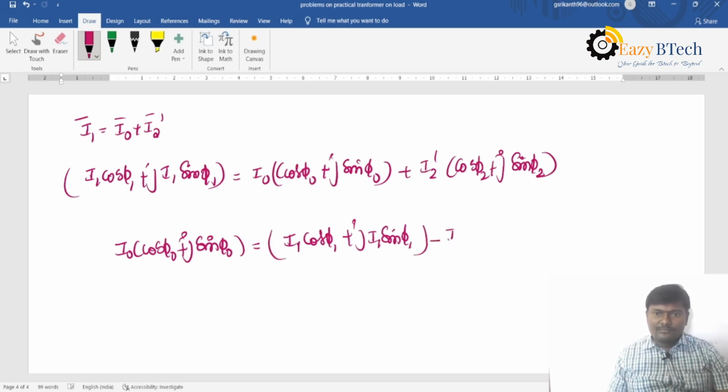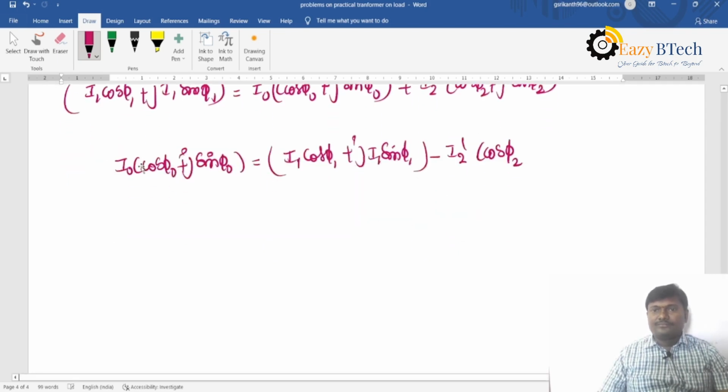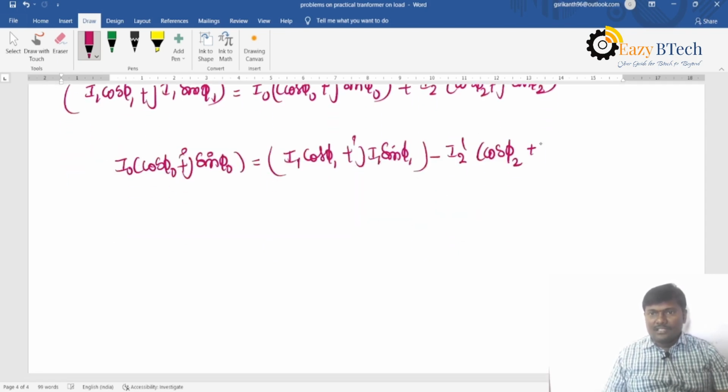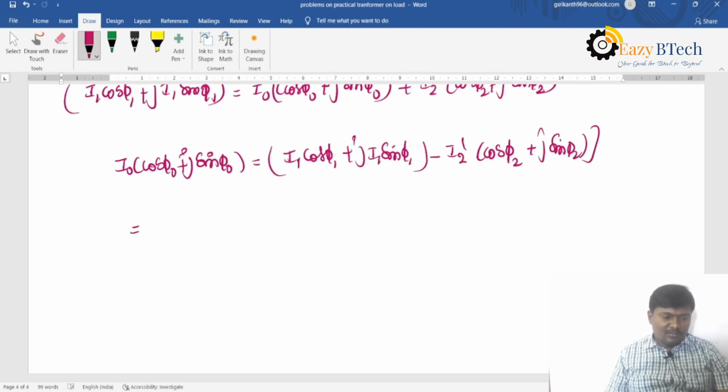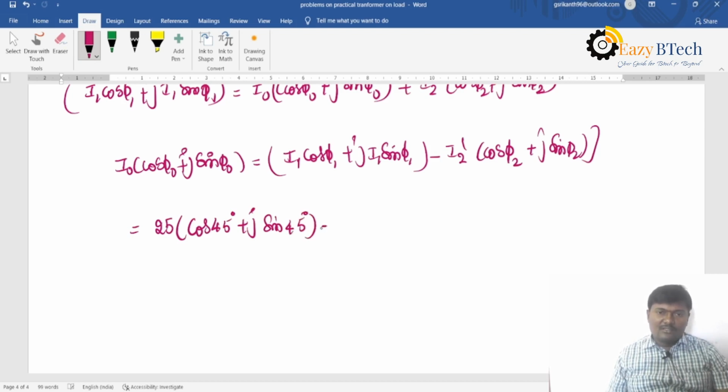minus I2 dash into cos phi 2 plus j into sin phi 2. Substitute the values. 25, the primary power factor is cos 45 plus j sin 45, minus the I2 dash we already calculated, that is 20 cos 36.86 plus j sin 36.86.